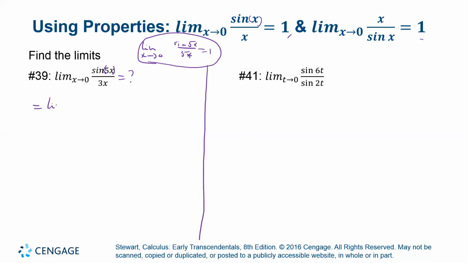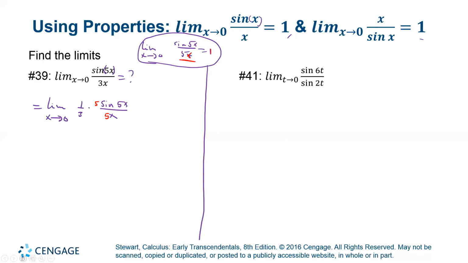So that will give me the limit as x goes towards 0. Then the 3x down there, I'm going to write as 1 over 3 times sine 5x over x. Now, if I divide by 5 here, then I need to also multiply by 5, so that I have sine 5x divided by 5x, which will be equal to 1.